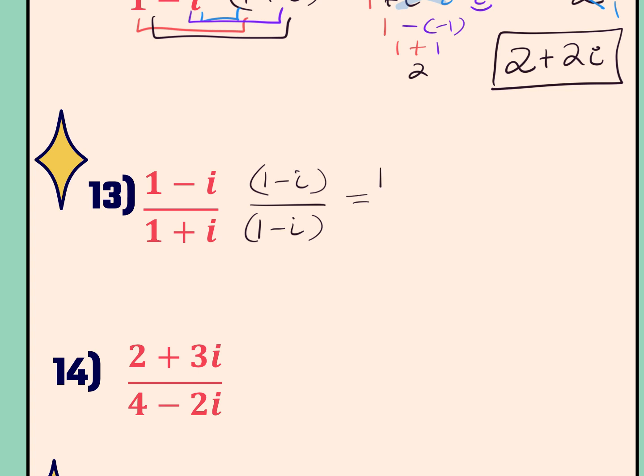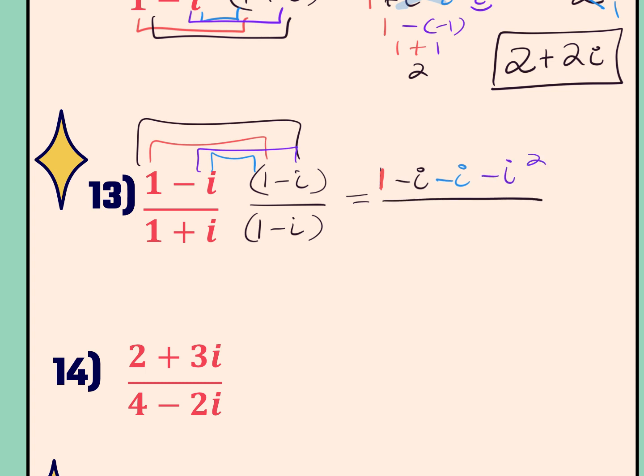So first gives me 1 times 1 is 1. Then the outer gives me negative I. The inside gives me negative I. And then finally, the last gives me negative I squared. Now for my denominator, I can just do first and last. All right, so this last one is positive I squared.